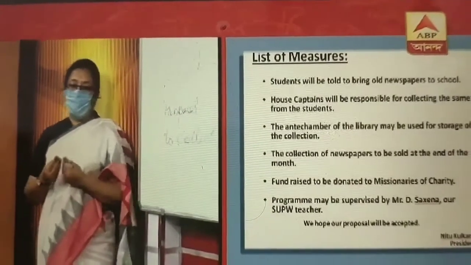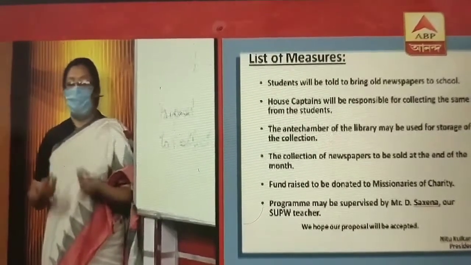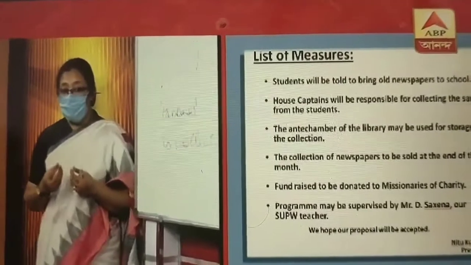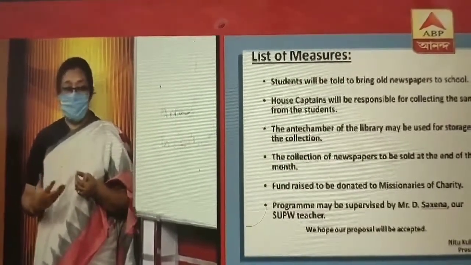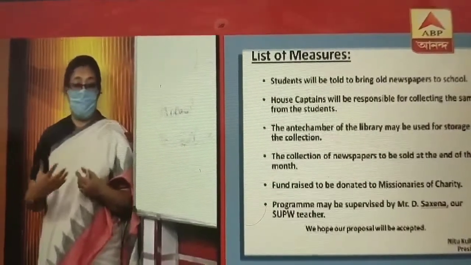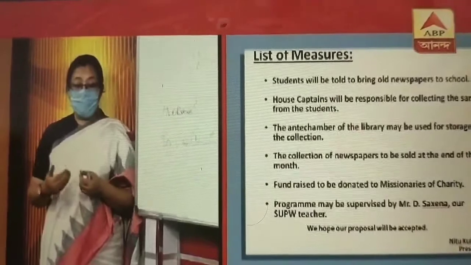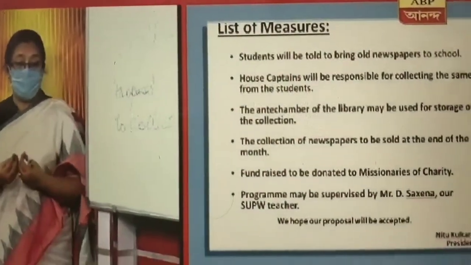Now, you are the president of the student council. You have organized a program. You have delegated your job. Fine. But sometimes you need the supervision of a teacher. If the teacher is there, the program will be conducted well because everybody is going to listen to that teacher. All right? And sometimes, you love to involve teachers into your activities so that the teacher also appreciates what you've done.